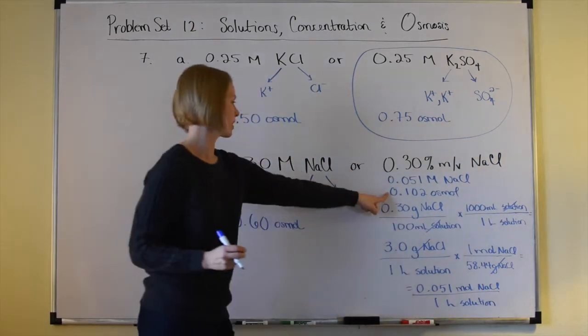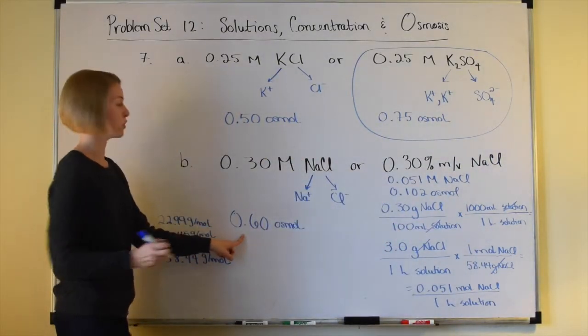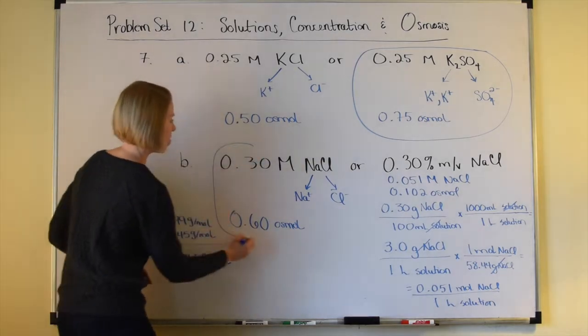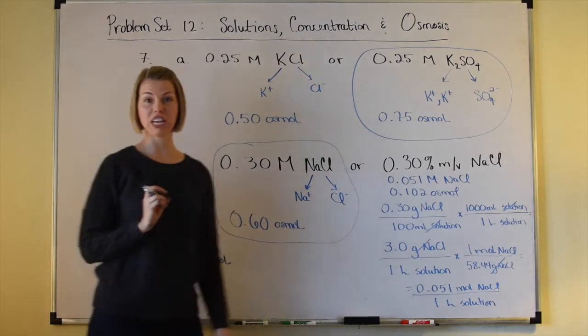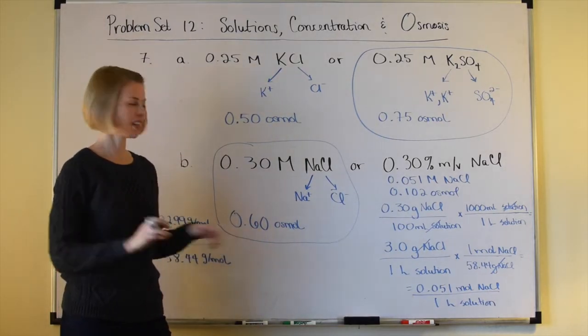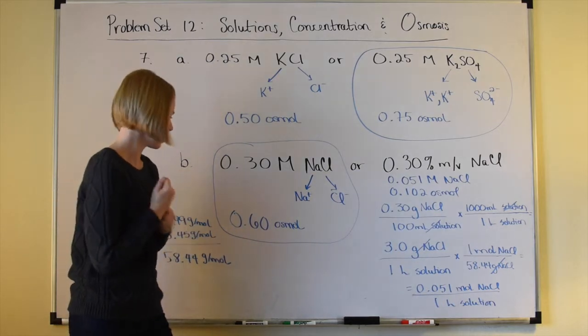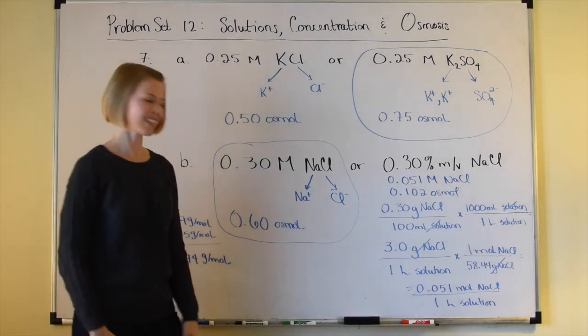All right, so we're comparing the 0.102 osmol to the 0.60 osmol. So now we can see that it's the 0.30 molar solution that is going to have the higher osmolarity. Okay, let's go ahead and erase all this work. That was a lot of work. And go on to number 8.